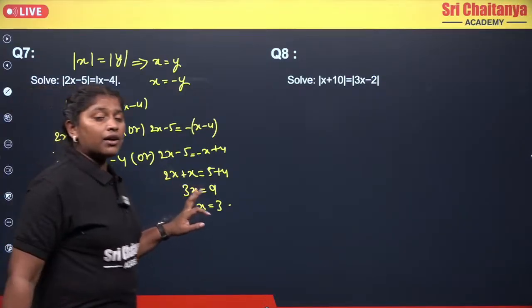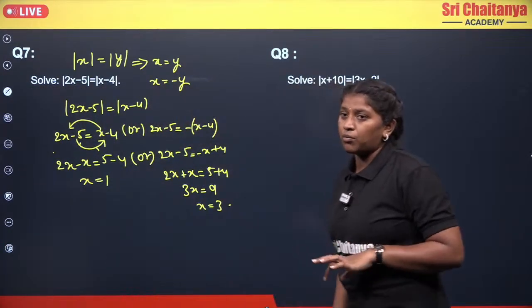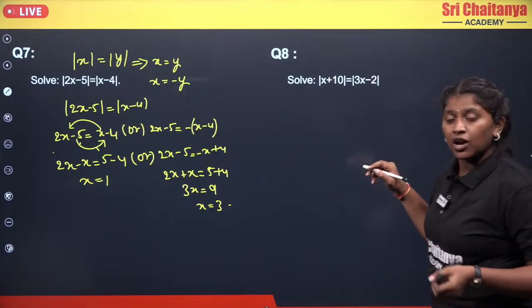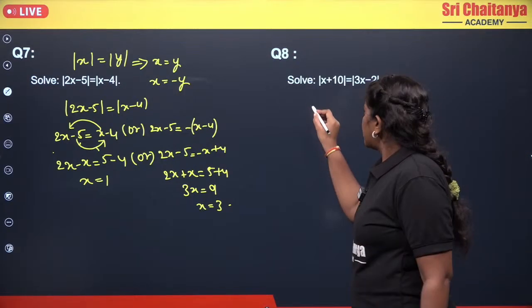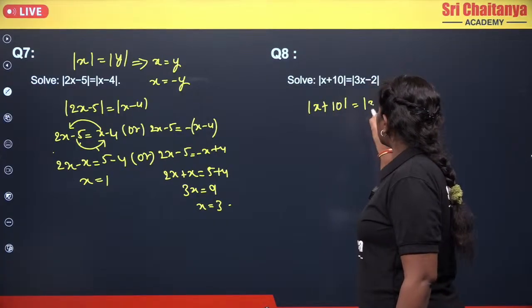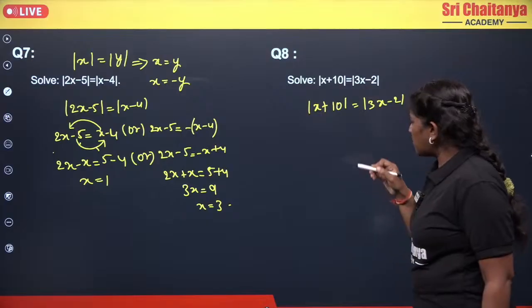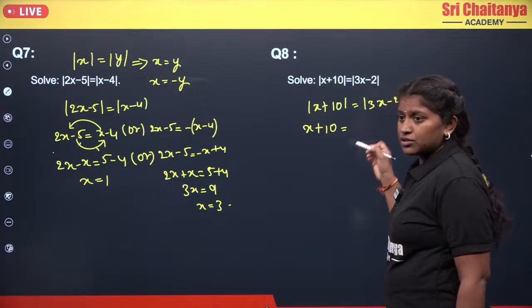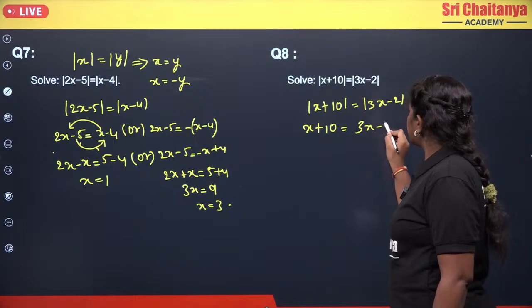So if you have an equals sign like mod x equals mod y, from there you can take x equals plus y or x equals minus y. Coming to this one also: modulus of x plus 10 equals modulus of 3x minus 2. Now I am taking x equals positive y, so that becomes x plus 10 equals 3x minus 2.